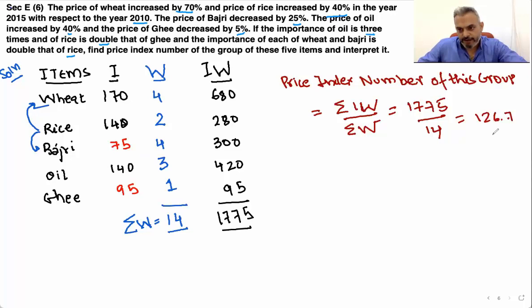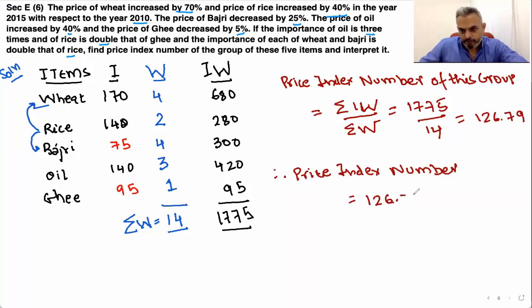So therefore, the price index number is equal to 126.79. Answer.